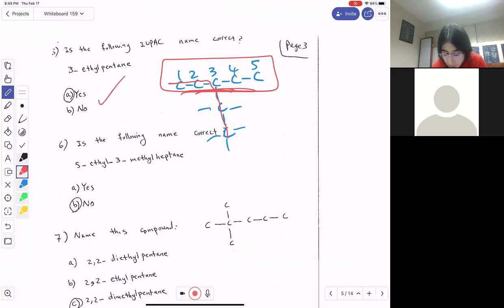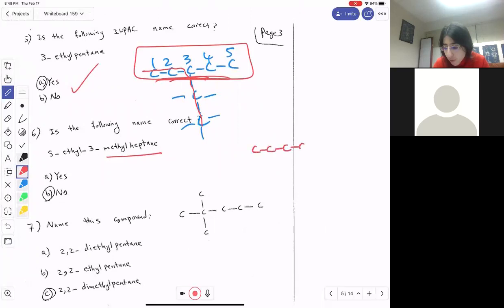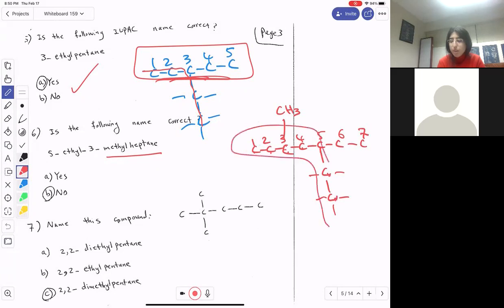But what about the other one? Why is that one wrong? If I write heptane, 1, 2, 3, 4, 5, 6, 7, it says 5-ethyl, I write an ethyl, right? And 3-methyl, I put the methyl on the other side. This would be also the same number of carbons, so there's no problem with this.